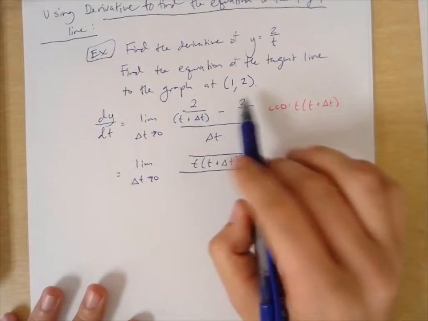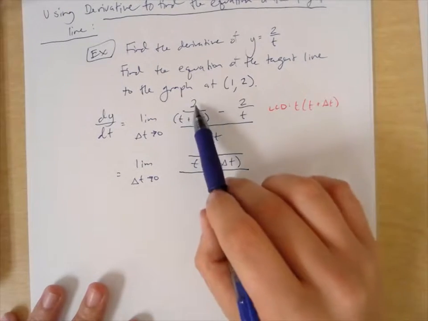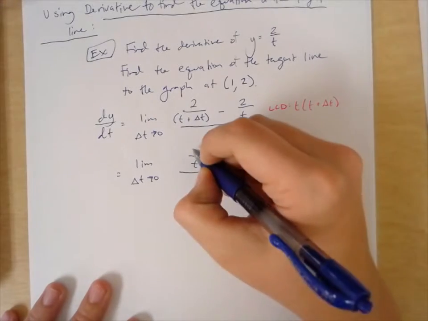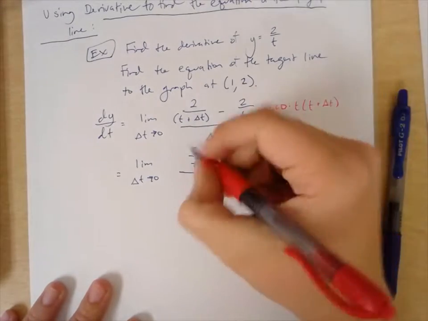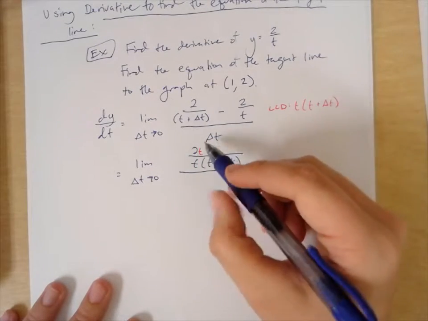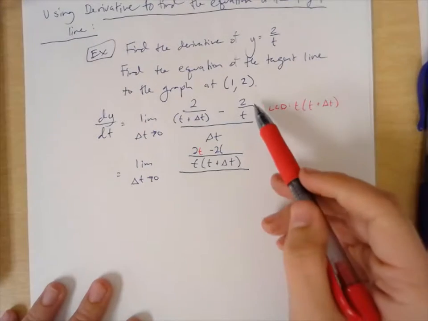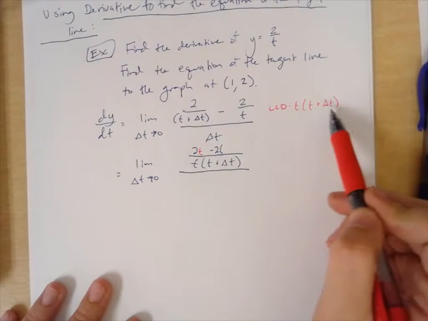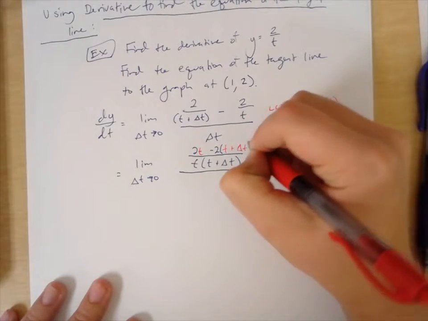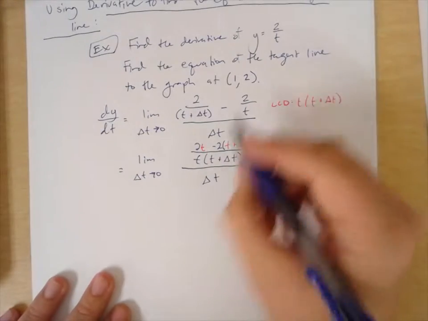But then on the top, we're going to multiply each piece by what it didn't have. So this fraction had t plus change in t, but it didn't have t. So we're going to have a 2, and then we're going to have a t. And then up here, we had that negative 2, but we still need to multiply it by what it didn't have. It had the t, but it did not have the t plus change in t. So that's what it's being multiplied by. And we still have change in t at the very bottom of everything.